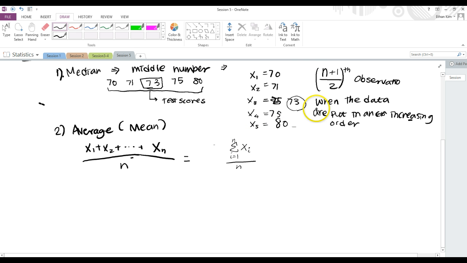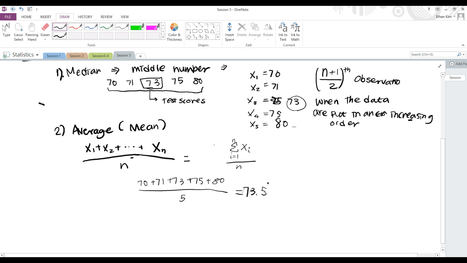If you do the same for the test scores, you add them up: 70 plus 71 plus 73 plus 75 plus 80 divided by n, the number of observations, which is 5. Let me quickly put this in my calculator. It is 73.5.